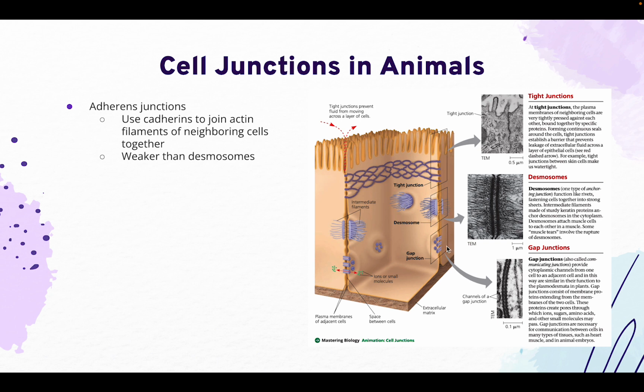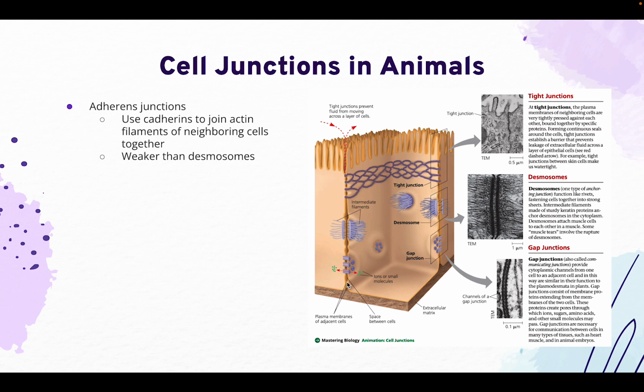And then gap junctions, which are like the plasmodesmata of animals. Obviously, animals don't have cell walls, so you don't have that. But you've got these pore proteins, and that forms a junction between the plasma membranes, and you can just have things go through.